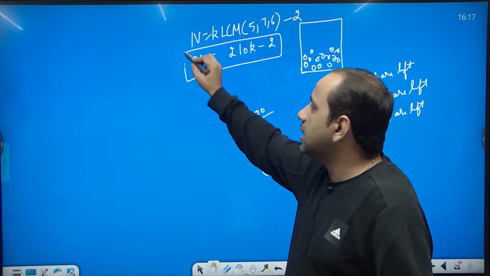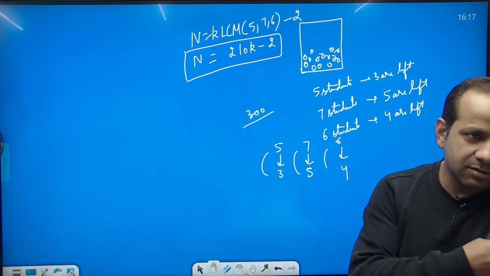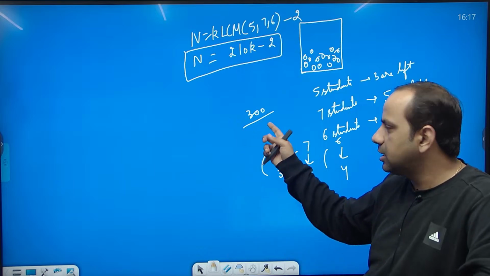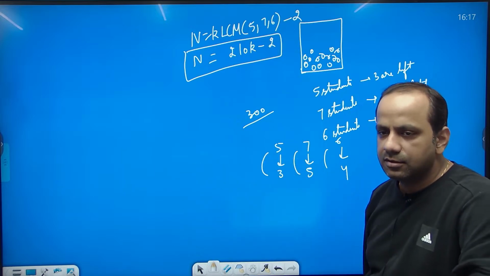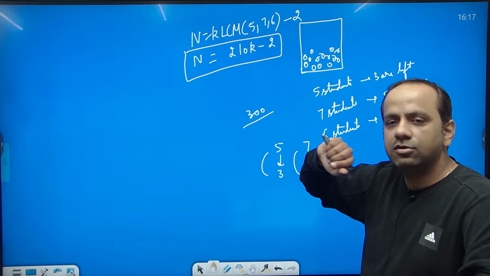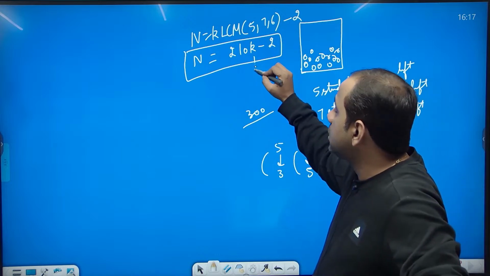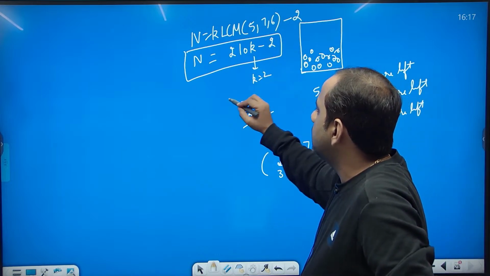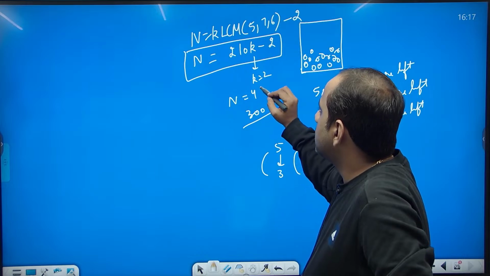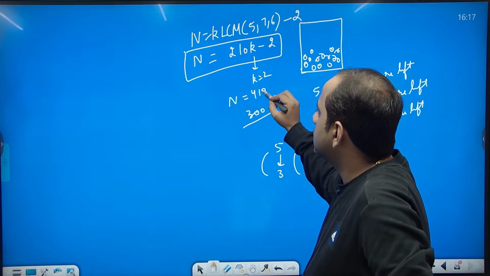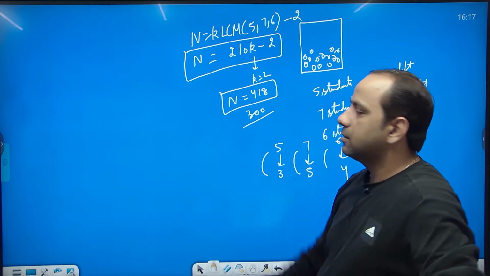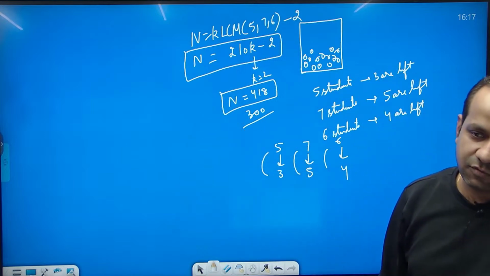So if I put k is equal to 1, your answer will be 208, but it is given in the question that number of chocolates should be more than 300. So we have to put k is equal to 2. If I put k is equal to 2, the number will be 400. ठीक है, so the number of chocolates is 480.